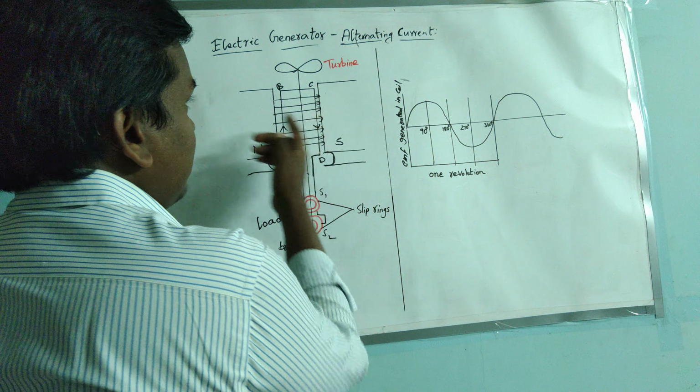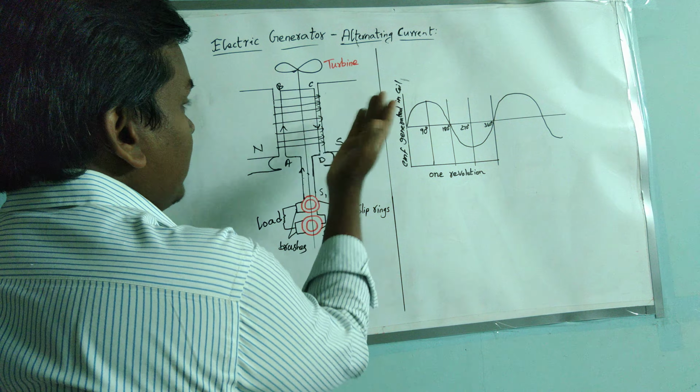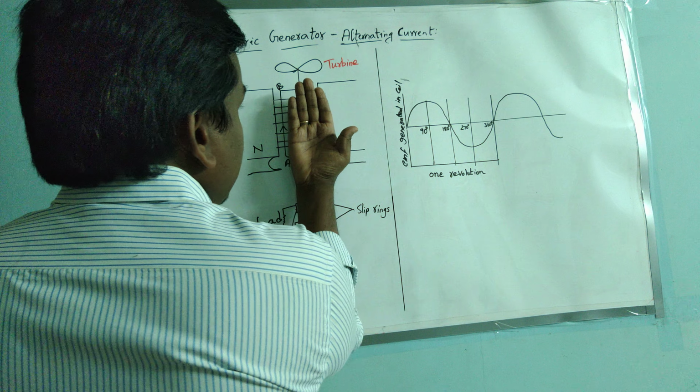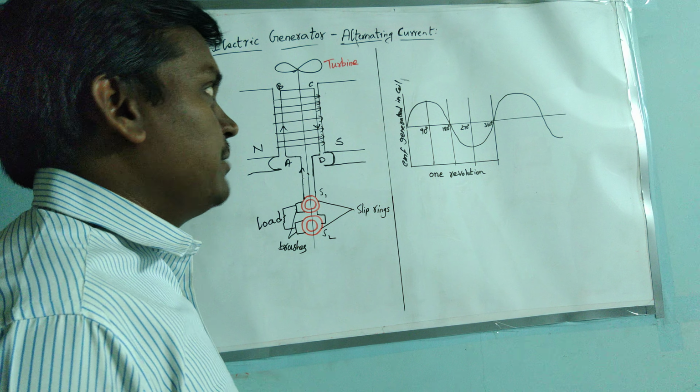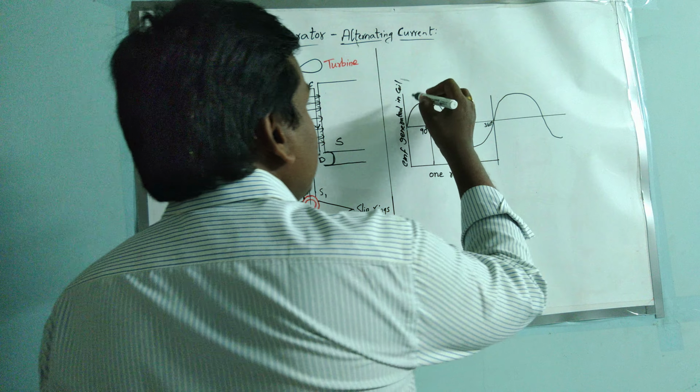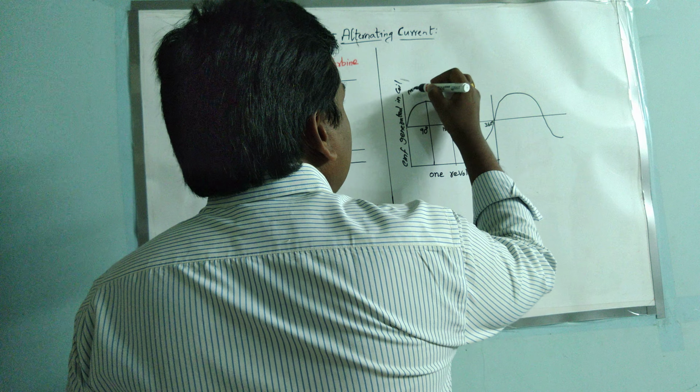When it is vertical, the field is perpendicular. That means the change in the magnetic field lines is maximum. Maximum field lines will change from here to here.